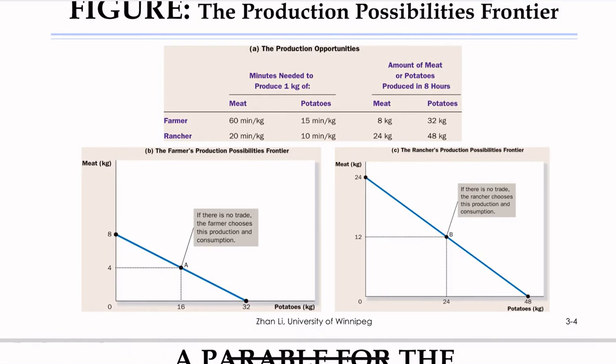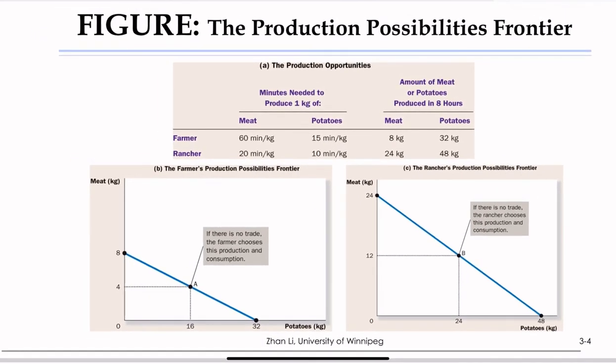Here you can see that we have a table which tells us the productivities of the farmer and the rancher. Let's first look at the table on the left-hand side. It tells you the minutes you need to produce 1 kilogram of meat or potatoes.